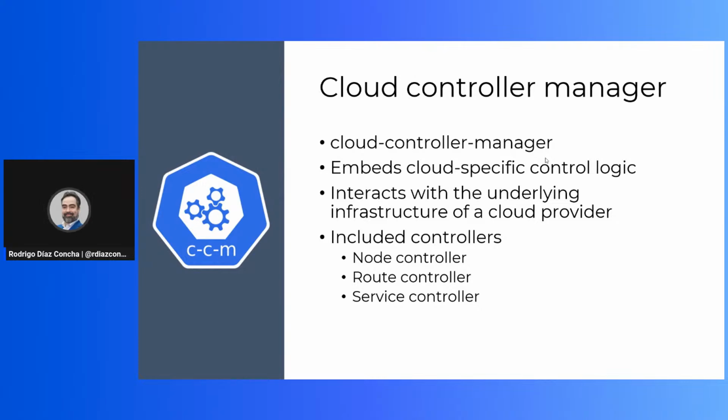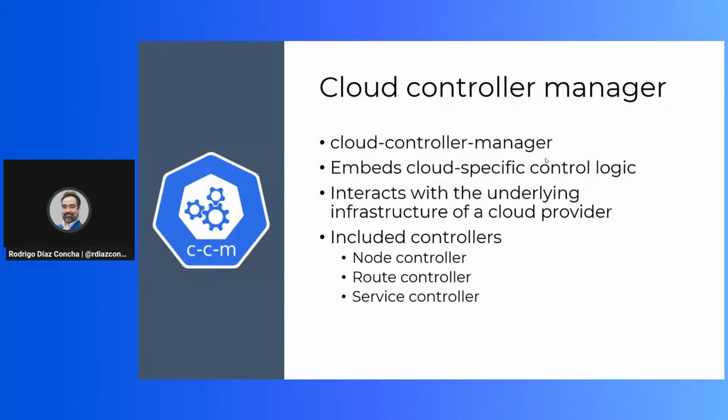Cloud Controller Manager is the one that you use if you're using, say, Azure Kubernetes Service or Elastic Kubernetes Service. This is the component that Kubernetes uses for communicating to the cloud control plane.